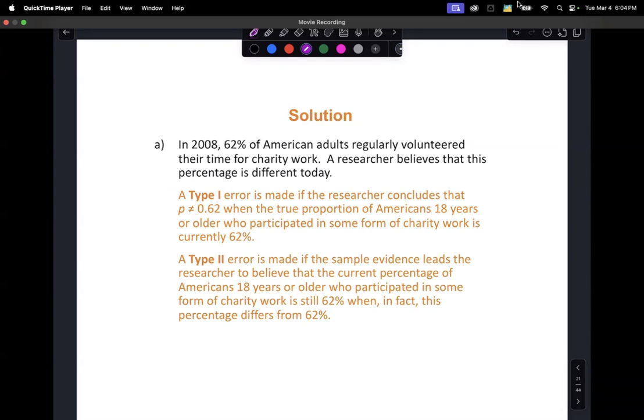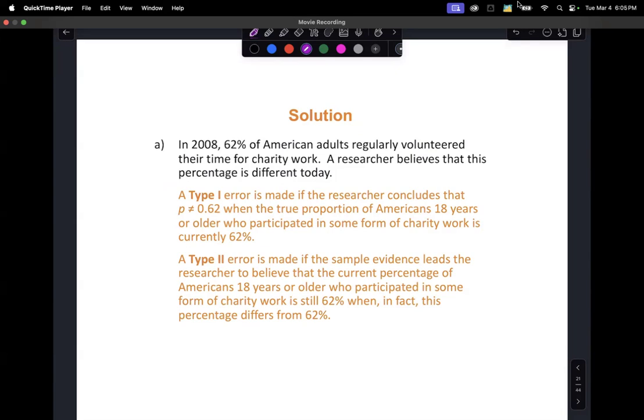So if they say that, if the evidence supports the alternative hypothesis of a different amount of people volunteering, but they fail to reject. I just did it backwards, didn't I? See, I told you, I'm terrible at this.